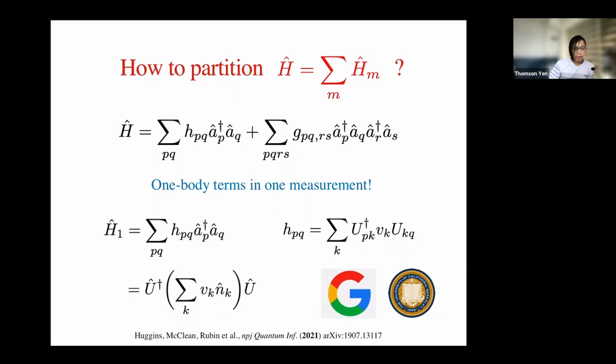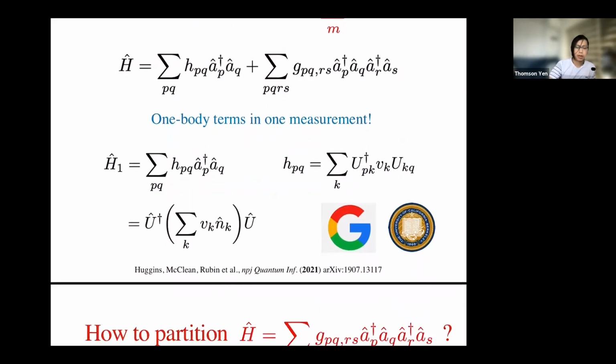So just to remind you, this unitary you can put on a wave function, and then you can measure the entirety of the one-body term just by looking at the sample of the number operator. So that dealt with the one-body term, and that'll leave us with the two-body terms.